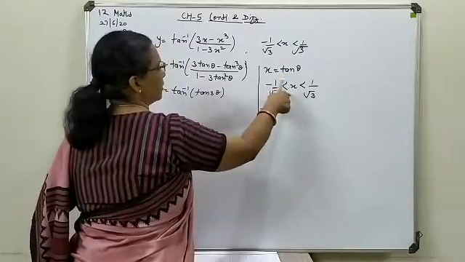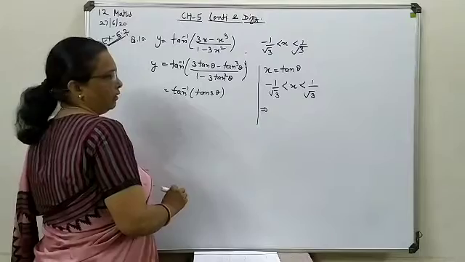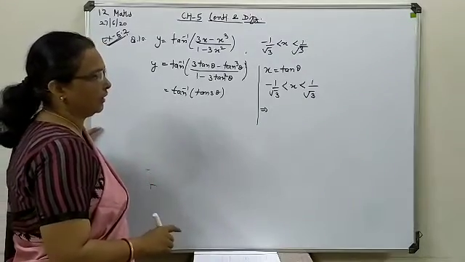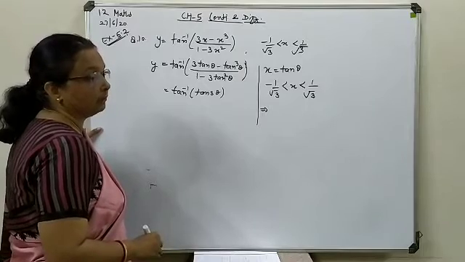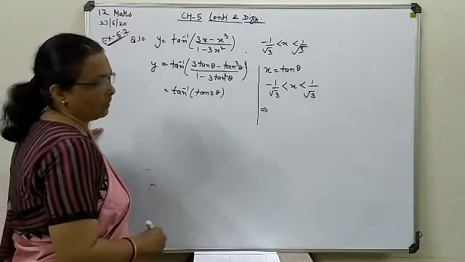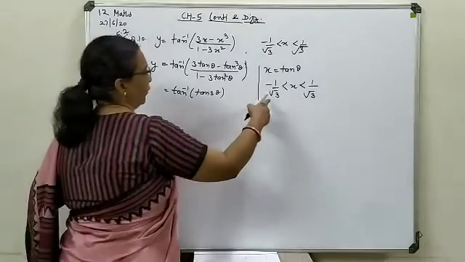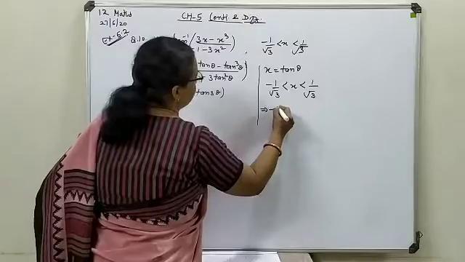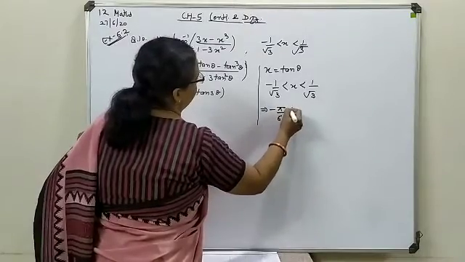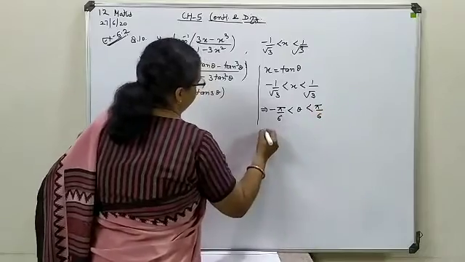Now with reference to tan theta, these two values you will consider as tan theta. So as per the tan value of 1 by under root 3, this will give you the value pi by 6, meaning at 30 degrees this value will come out. So now in terms of theta with reference to tangent, we will make this change as pi by 6 with plus and minus.